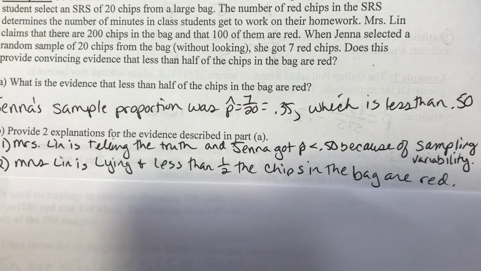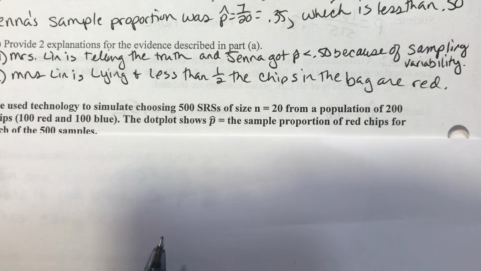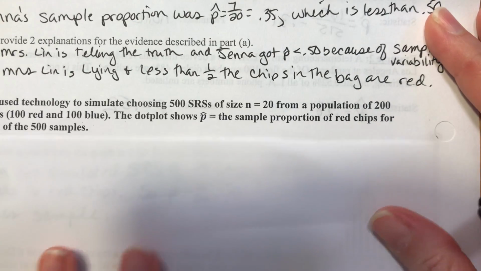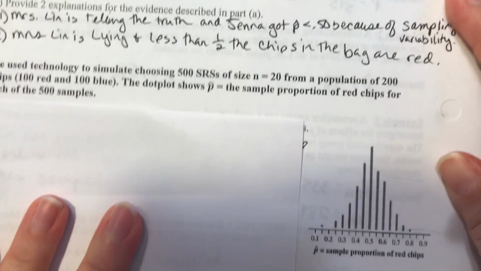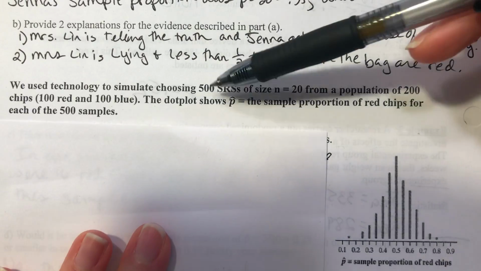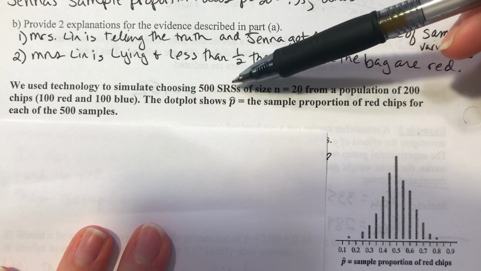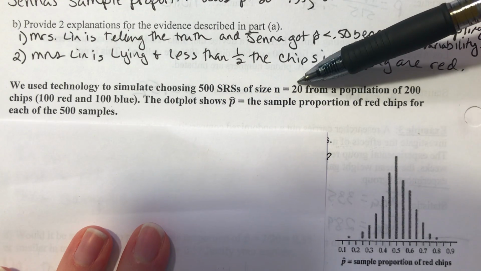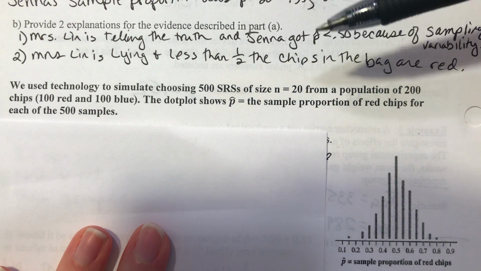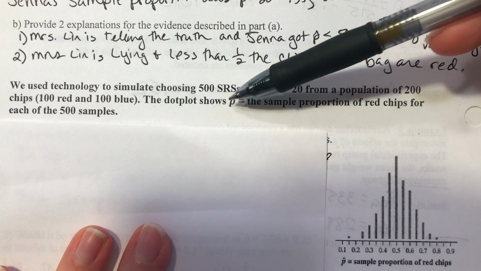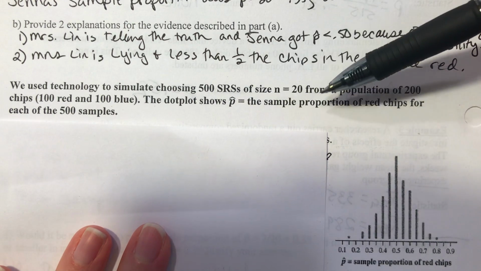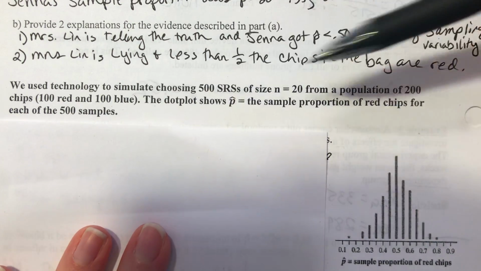All right, now what I'm going to show you down here is we use a simple random sample to simulate choosing 500 simple random samples of size 20 from a population of 200 chips. The dot plot shows p hat equals the sample proportion of red chips for each of the 500 samples.